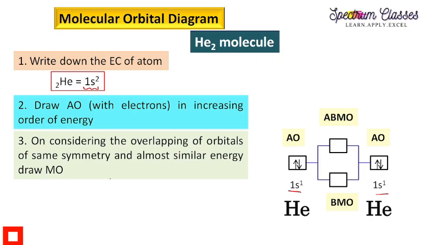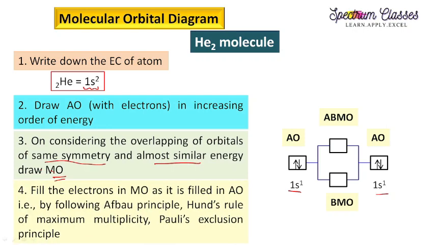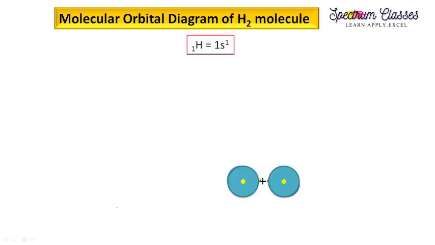Overlapping means atomic orbitals of the same symmetry and of almost similar energy combine together to form molecular orbitals, which I will explain. So here we have these bonding and anti-bonding molecular orbitals. This filling of electrons I will discuss in the next slide, right? So first we are going to discuss how this molecular orbital diagram is formed.